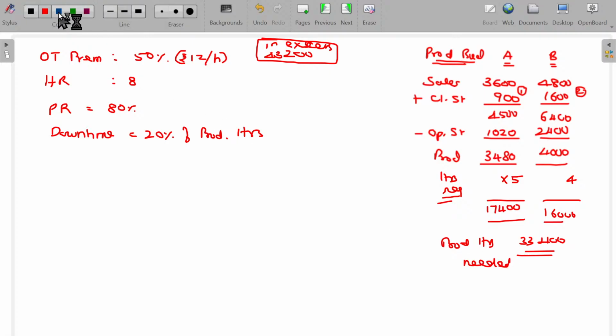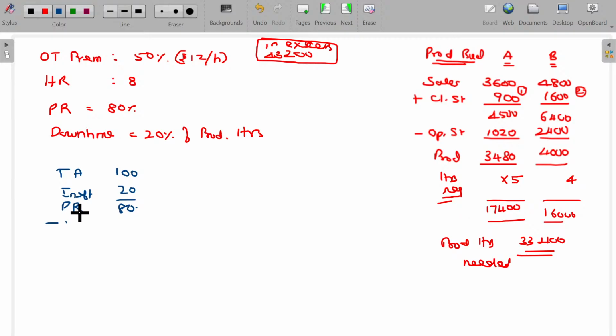Okay. Time allowed being 100. Lost due to the performance rating, only 80 work is done due to the performance rating and inefficiency. This is called inefficiency, 20.